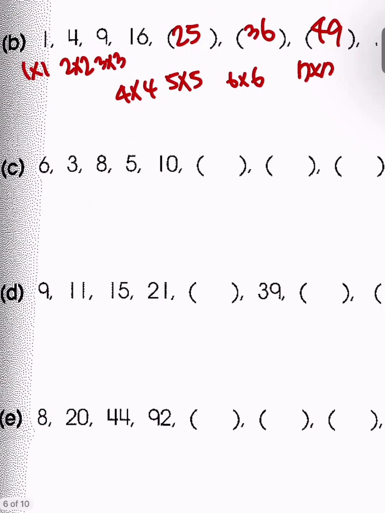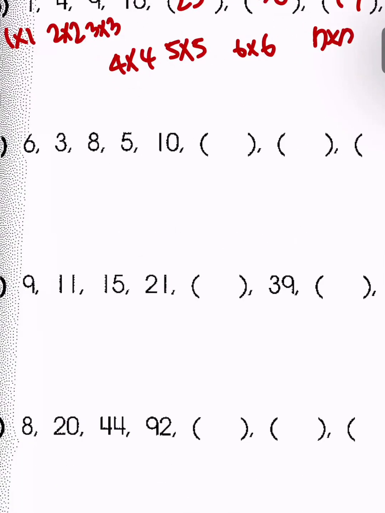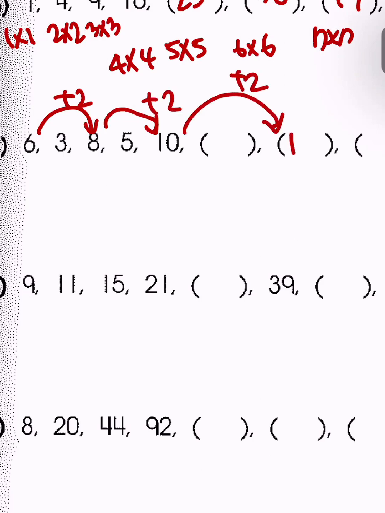Then we're going to look at sequence C. We're going to look at it in terms of odd and even terms. 6 plus 2 is 8 plus 2. So the next time we're going to add 2 again. So we're going to get 12. For the odd terms, what I mean by term is first term, second term, we added 2.